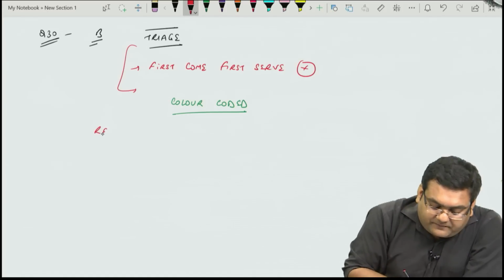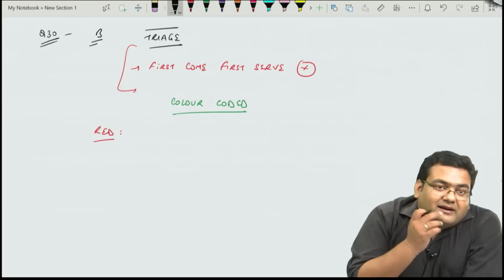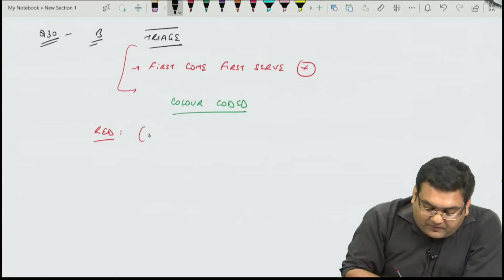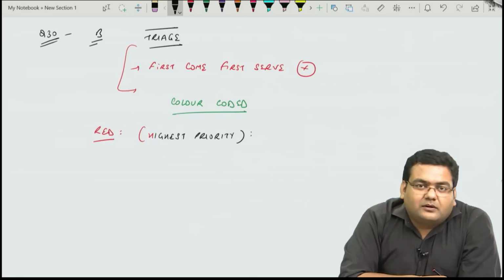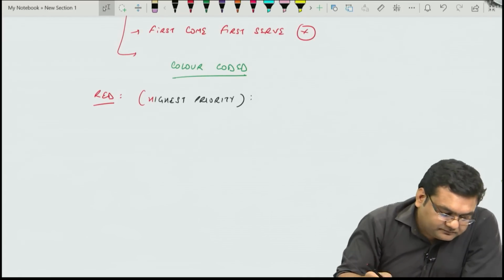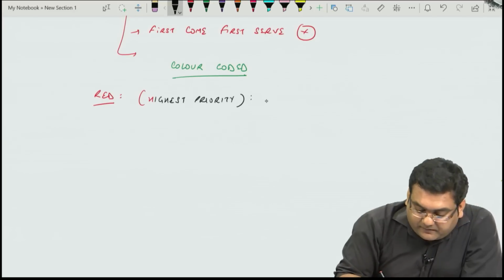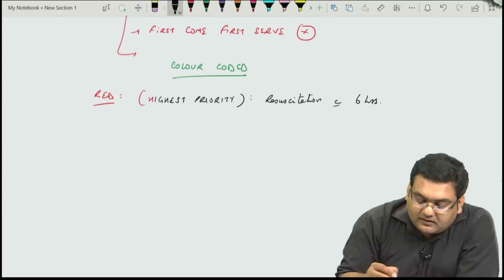First is red. Now what do you mean by red color? They form the highest priority group. Important is resuscitation should be initiated within 6 hours.